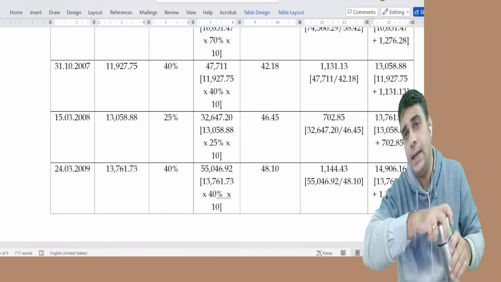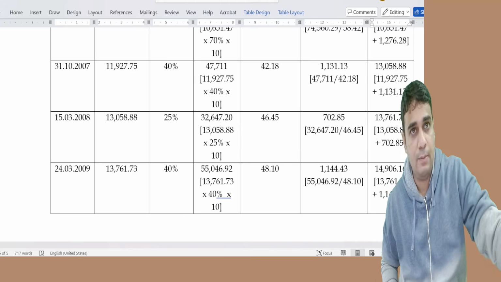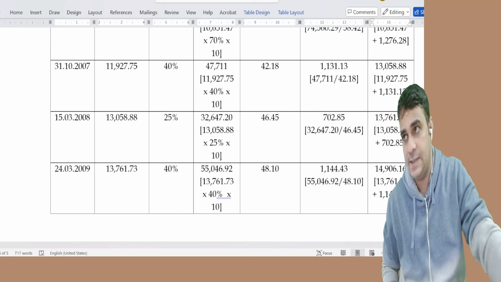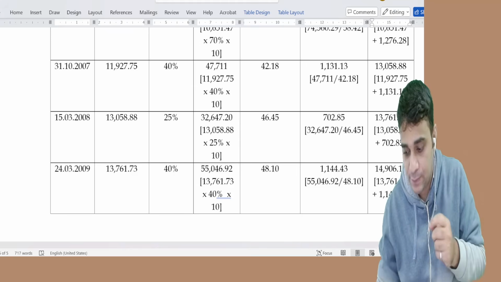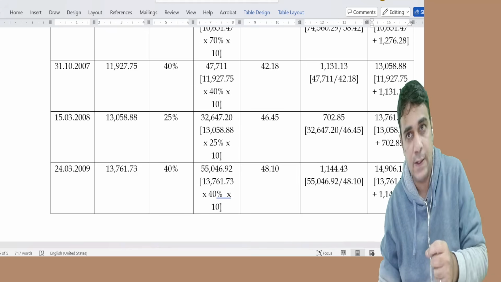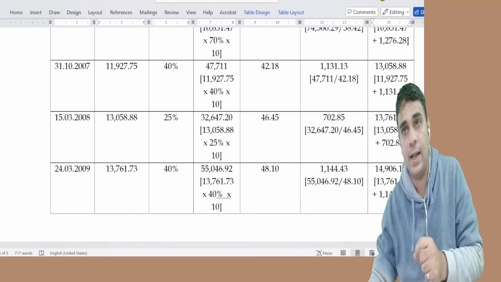Any number greater than 5 in the third decimal, round it off to the higher number. Just make sure you do all that properly. Basic math, take it properly, because some students have told answer is 14906.16, some have told 17, some have told 15. The difference in live online, I've got these answers.